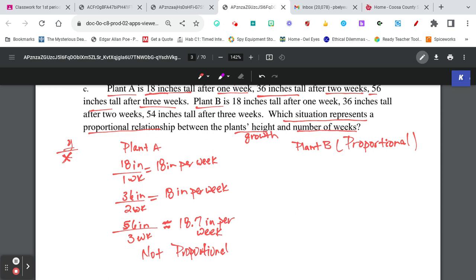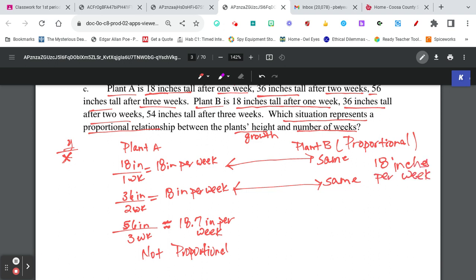This plant B might also be... Okay, plant B grew 18 inches after 1 week, so that's the same as plant A. I'm not going to rewrite it when it's already right there. Okay, guys? All right, and then 36 inches after 2, well, that was the same as plant A. So right now, it's still growing 18 inches per what? Week.